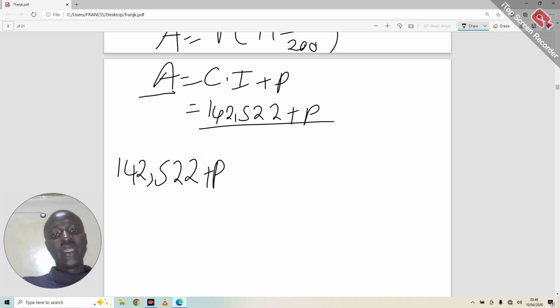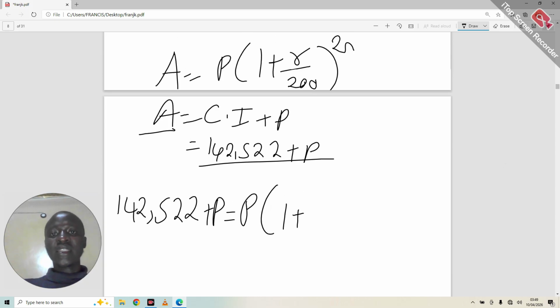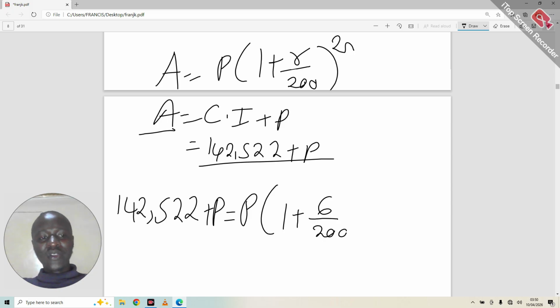Okay. So we shall have 142,522 plus P equals to now the principal, which we also still don't have, into 1 plus the rate. Now the rate, remember the rate were the same. So 6 all over 200. Where is 200 coming from? Take 2 multiplied by 100. Remember, Omedo's interest was compounded semi-annually.